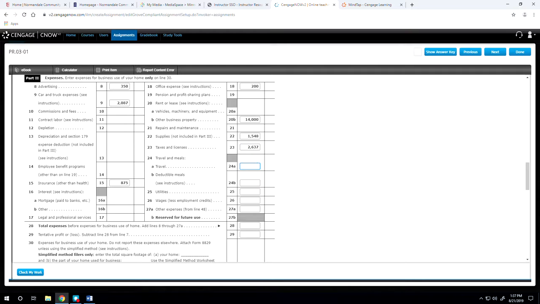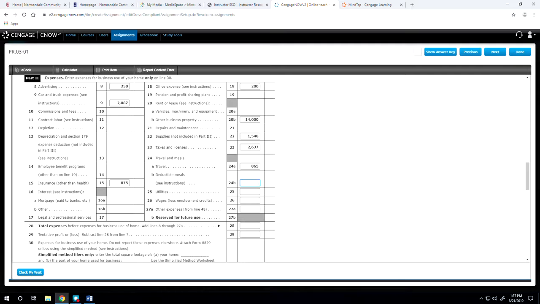Travel under operating expenses is $865. Deductible meals. So you'll see, if you look on the income statement, you can see that our meals expense was $5,500, but you will remember, because you already read the chapter, that we can only deduct 50% of business meals.